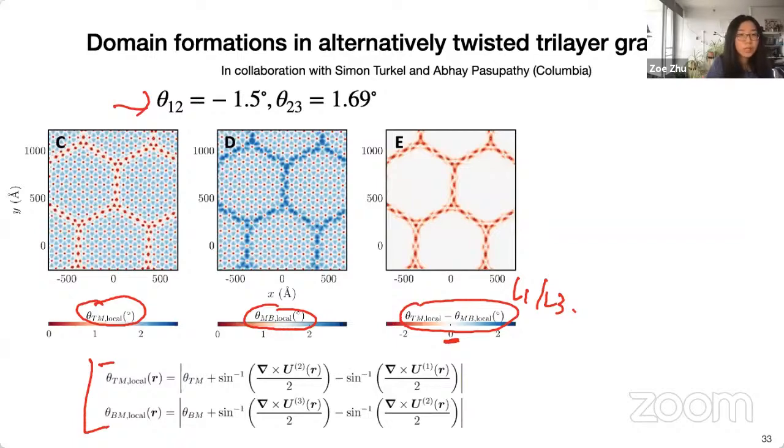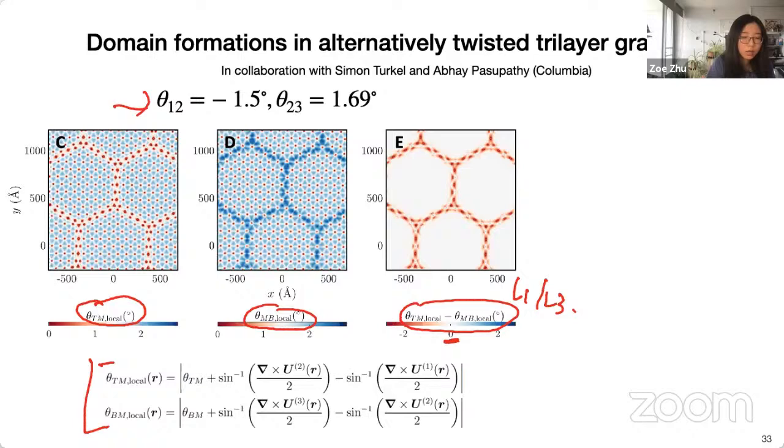And the experimental implication is that even if your first layer and the third layer are slightly misaligned, after relaxation, there will be large local regions where they are aligned. So perhaps in this kind of situation, the Moiré scale physics would be observed, if you consider this large carrier density.